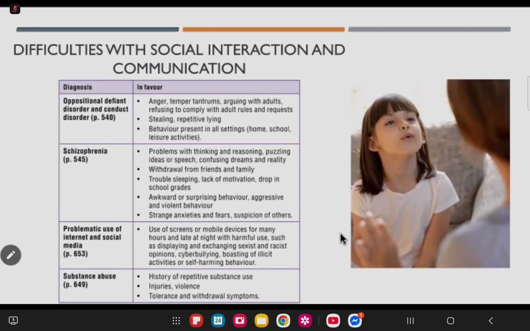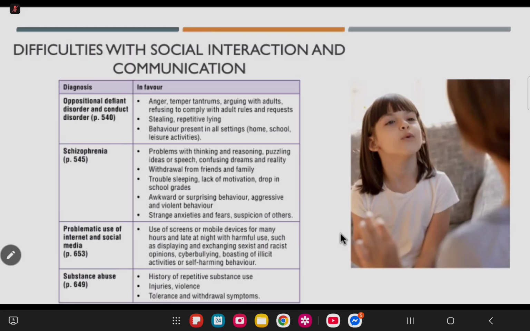This is actually a new disorder: problematic use of internet and social media. This is very novel. It involves the use of screens or mobile devices for many hours and late at night, with harmful use such as displaying and exchanging sexist and racist opinions, cyberbullying, boasting of illicit activities, or self-harming behavior.